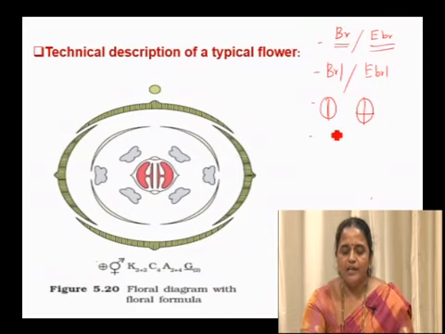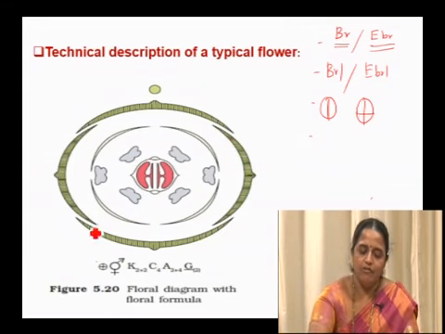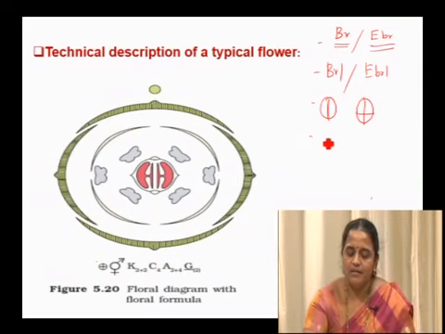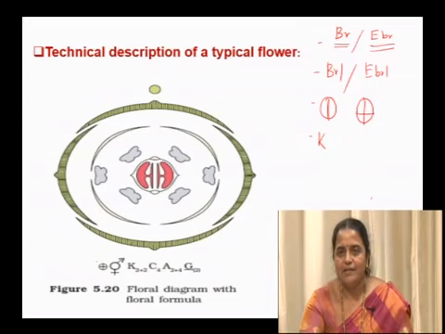Now we come to the next part, the floral diagram, which is a graphical representation of floral parts. Here, the outermost whorl is the calyx, whose members are sepals.